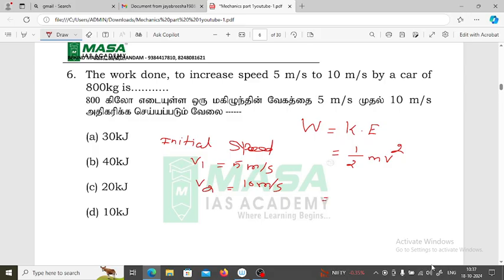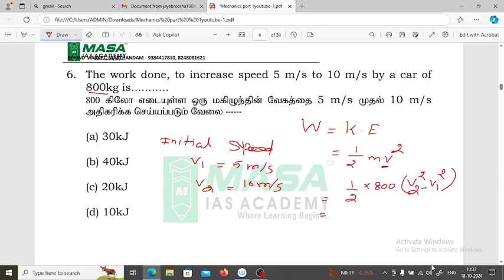And now we substitute in this formula. Half, mass is given, that is mass is 800 kilogram. Here the velocity is considered as initial and final, so v square is written as v2 square minus v1 square.